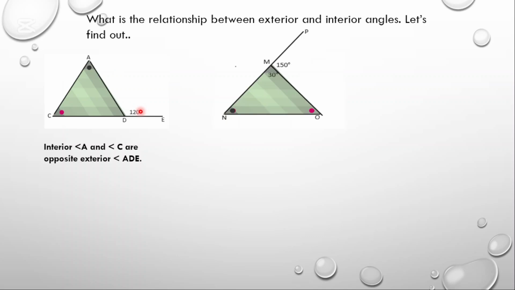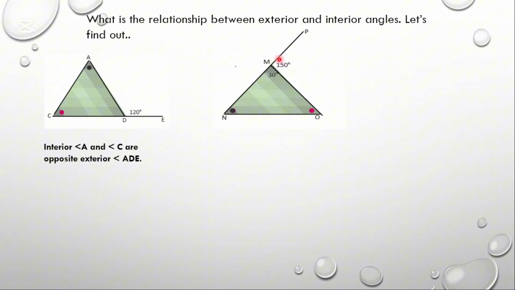Right. Second example. PMO, this one of 150, that is our exterior angle. Opposite this exterior angle is N and O. 30 is adjacent to the exterior angle, right?